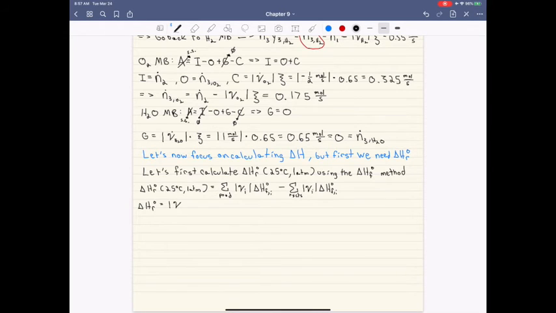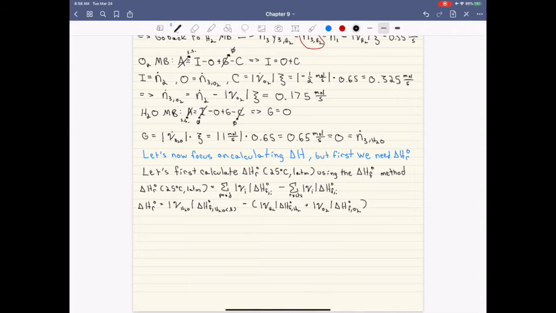So here, the heat of formation of H2O, liquid, I should specify. And then we're going to subtract off all the reactants. So here we have the heat of formation of hydrogen, plus oxygen, O2.